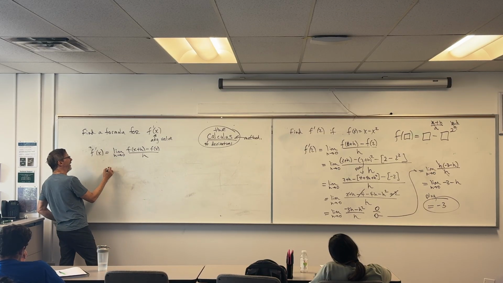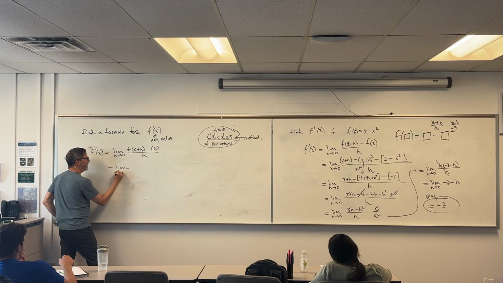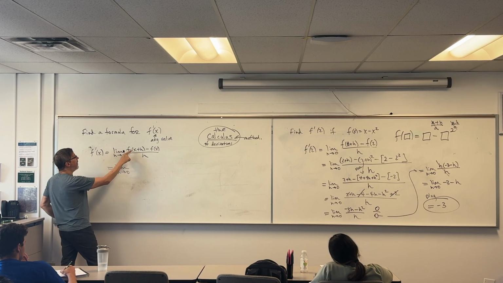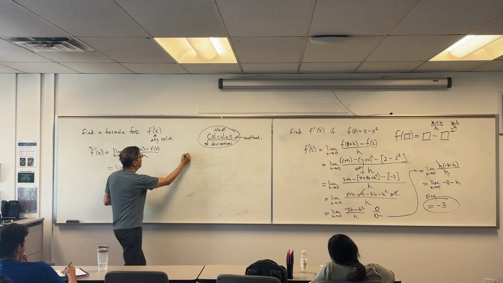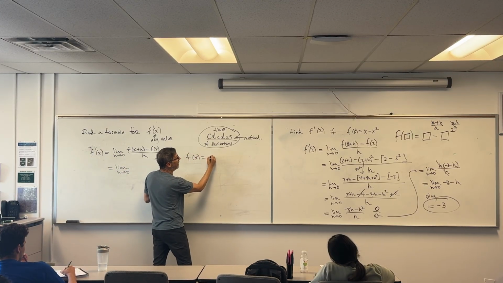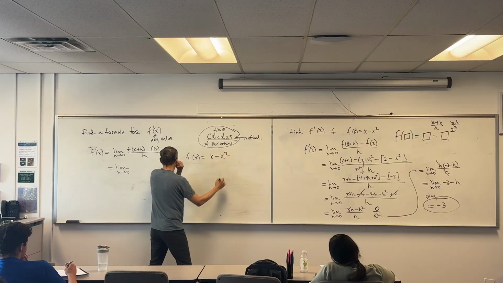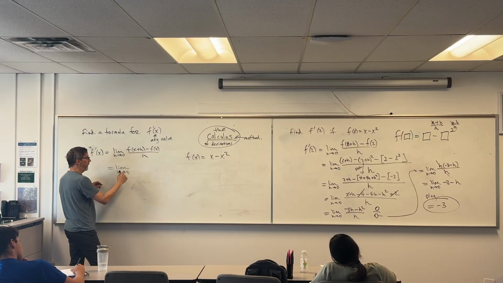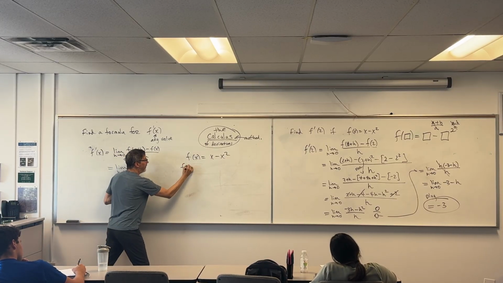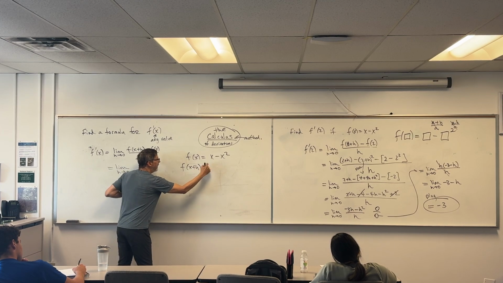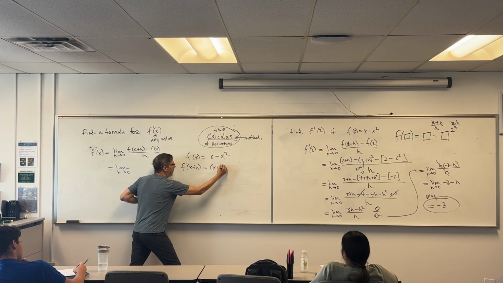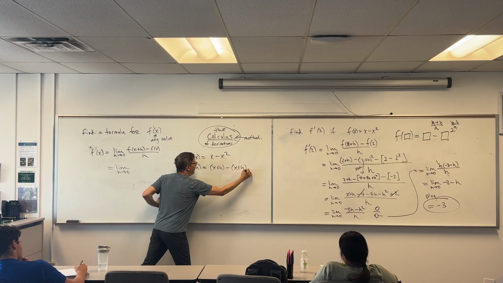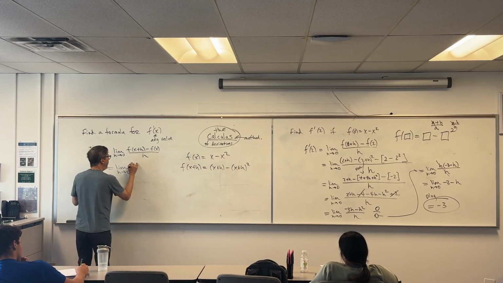You can control this. So this is the limit as h goes to 0. Now I've got my function. So f of x is x minus x squared. So f of x plus h is x plus h minus (x plus h) squared. I'm just going to put that here.